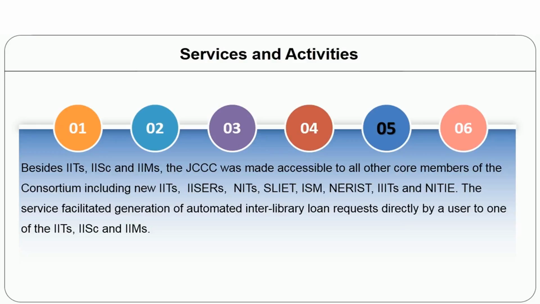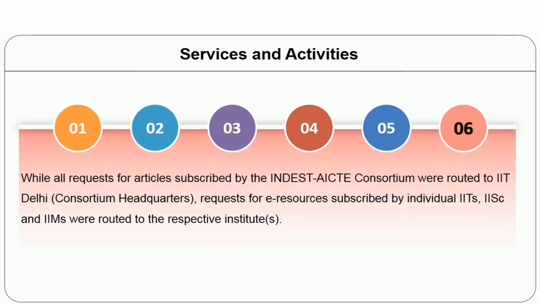The service facilitated generation of automated interlibrary loan requests directly by a user to one of the IITs, IISc or IIMs. While all requests of the articles subscribed by the INDEST-AICTE Consortium were routed to IIT Delhi, that is the consortium headquarters, requests for e-resources subscribed by individual IITs, IISc and IIMs were routed to the respective institutions directly.